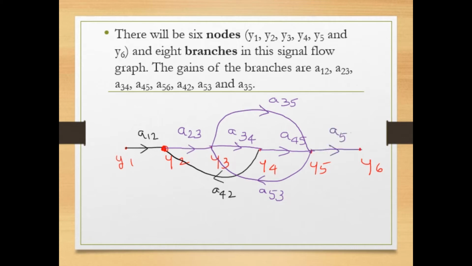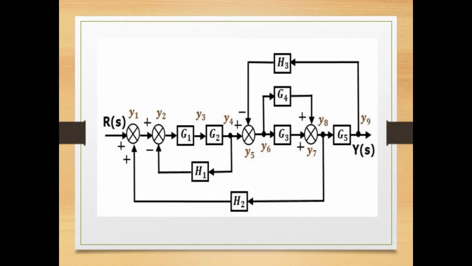So given a set of equations, we should know how to draw the signal flow graph. For that we should first identify the nodes or the variables, know what their gains are, and represent them accordingly. This is the block diagram representation of the same signal flow graph.